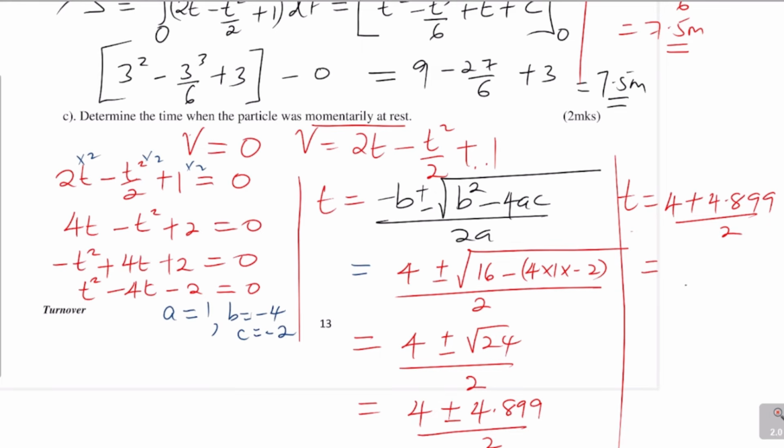So I add these. This will be 8.899, we divide by 2, and this will give t to be 4.4449 seconds. That is the time when the particle was momentarily at rest.